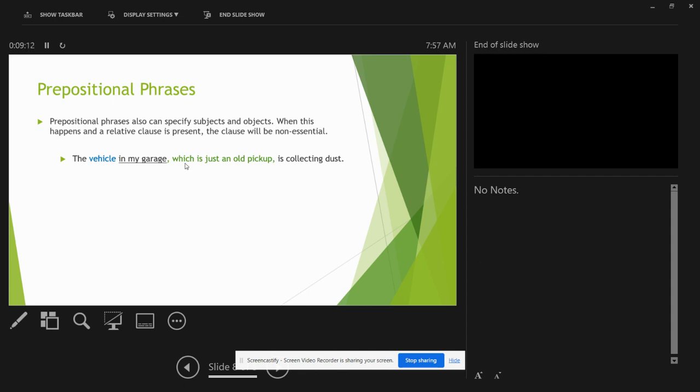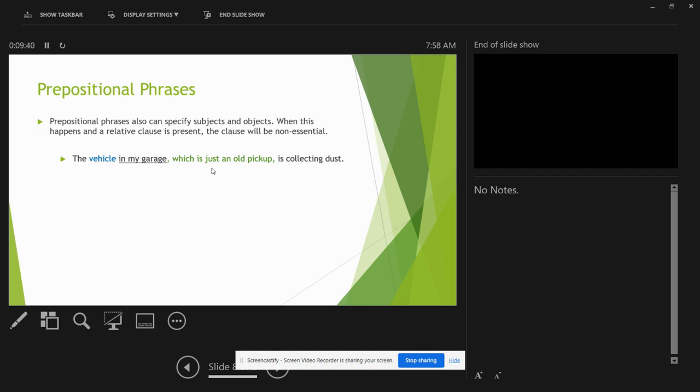Well, it's representing the vehicle. So this clause, yes, it's specifying vehicle as well, but it's secondary now. It's extra. Something else is specifying it first. The prepositional phrase "in my garage" specifies vehicle. So now this is extra information. So we put it in commas because it is non-essential.